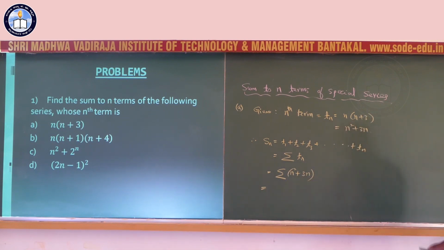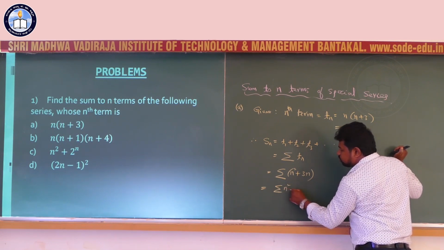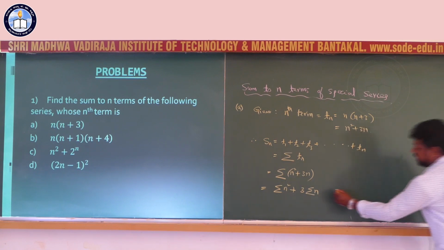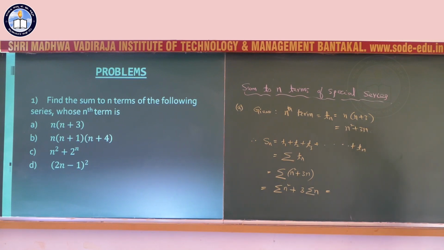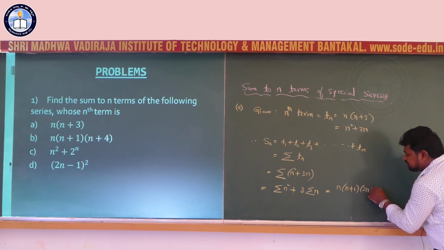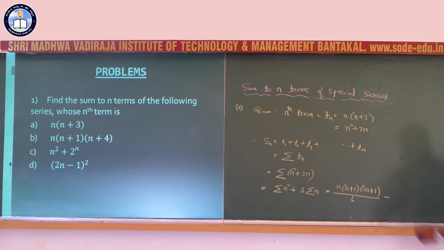That is equal to summation n square plus 3 times summation n. Summation n square equal to sum of squares of first n natural numbers, that is n into n plus 1 into 2n plus 1 by 6, plus 3 into summation n, sum of first n natural numbers, that is n into n plus 1 by 2.